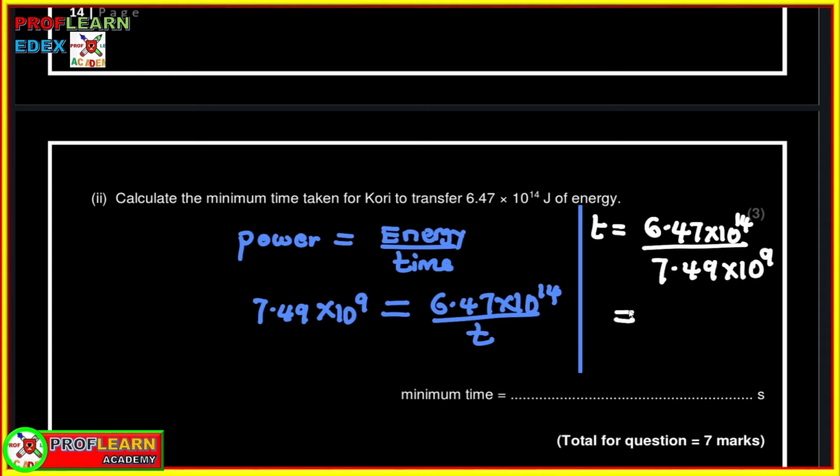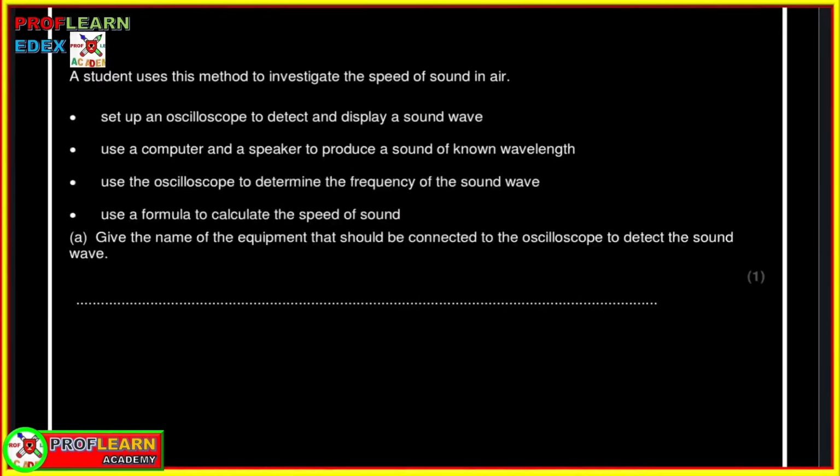So if we work it out, we're going to get what? Let us work it out using our calculator. And we are going to give our answer in seconds in this case.